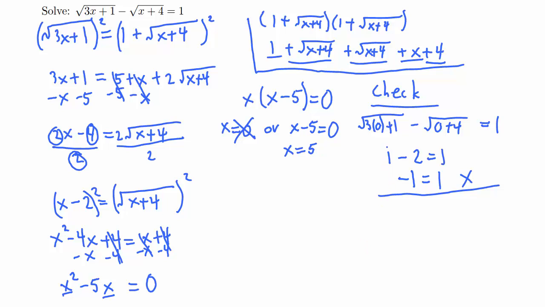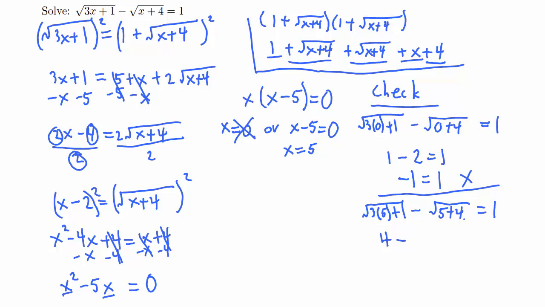Next, let's look at the 5. If we plug it in, that gives me the square root of 3 times 5 plus 1 minus the square root of 5 plus 4 is equal to 1. Well, 3 times 5 is 15, plus 1 is 16, and the square root of 16 is 4.